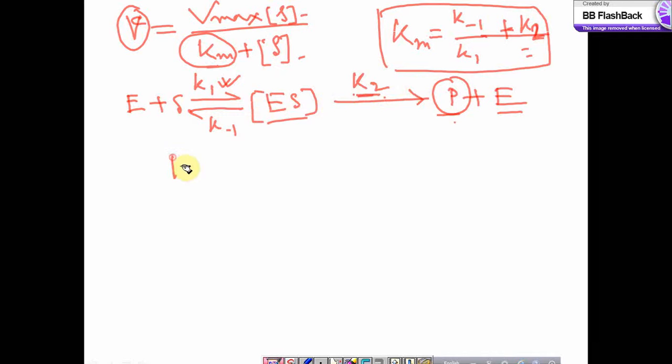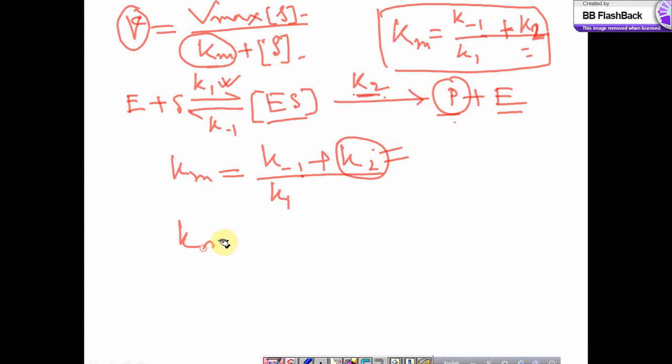So if you look at this Km, it is k minus 1 plus k2 divided by k1. This k2 value is very small, so you can ignore it, and Km is sometimes defined as this, the dissociation constant, k minus 1 by k1.